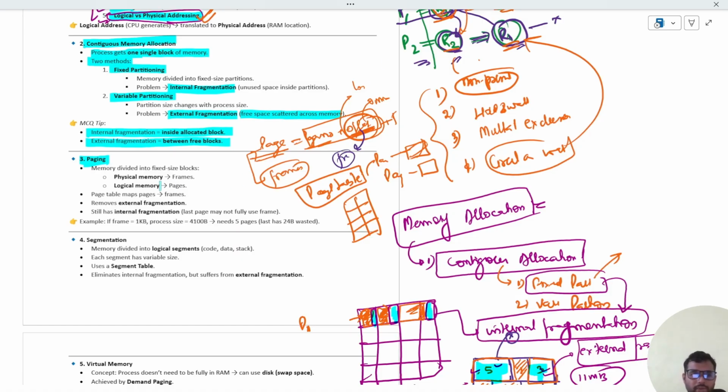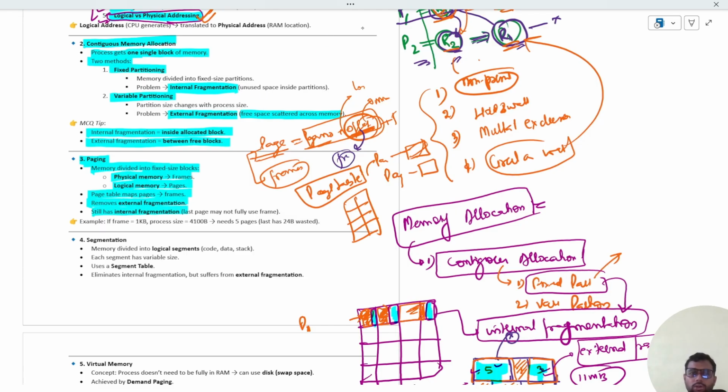So in paging, the physical memory is divided into fixed size blocks. And when we say fixed size blocks, what could be the problem? Internal fragmentation. Before going into that, let us see what paging is. Memory is divided into fixed size blocks. In physical memory that division is known as frames, and in logical memory, that means the process, it is known as pages. The page table maps pages to frames. It removes external fragmentation, but still has internal fragmentation.